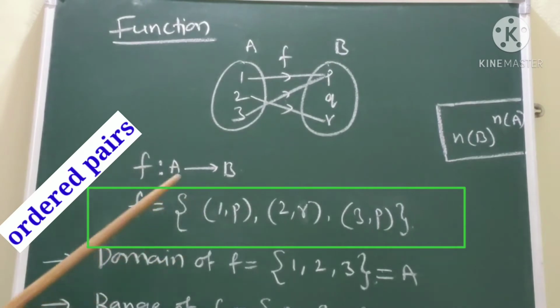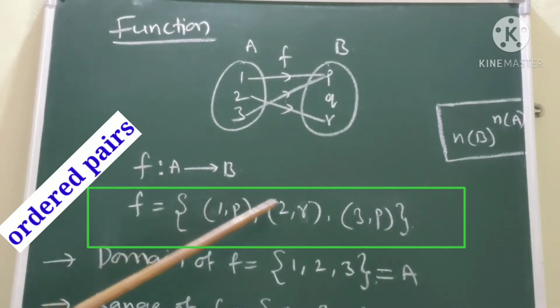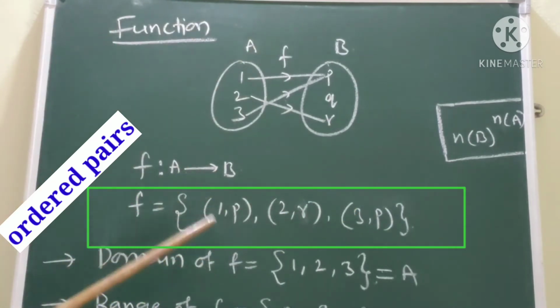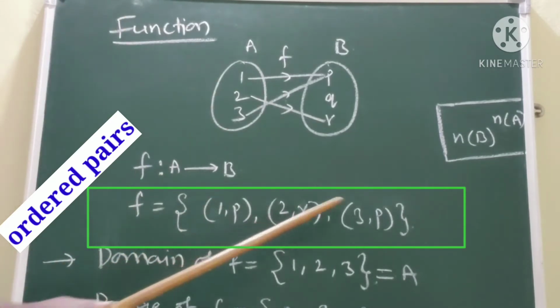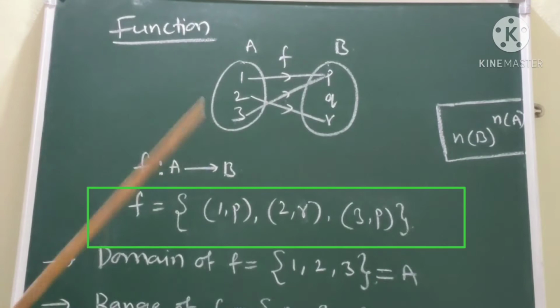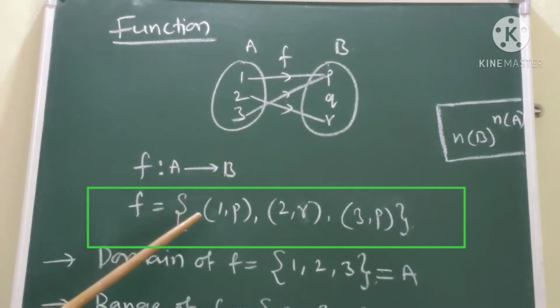In this, the first coordinates are 1, 2, 3. Now let us see whether all are different or not. Here 1, 2, 3 all are different. That is the first condition. This is a function. This is one of the methods to identify a function.